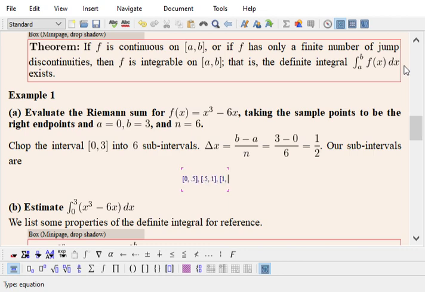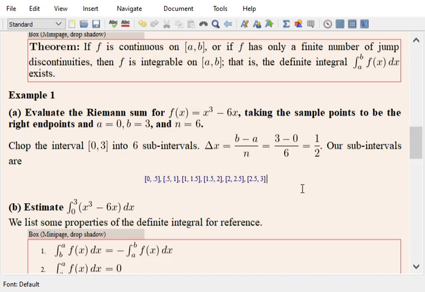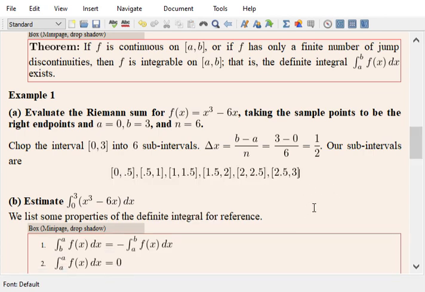Then 1 to 1.5, then 1.5 to 2, then 2 to 2.5, then 2.5 to 3, and then we're done, right? Because we're just going from 0 to 3, and indeed, those are our 6 subintervals. So far, everything is working out.